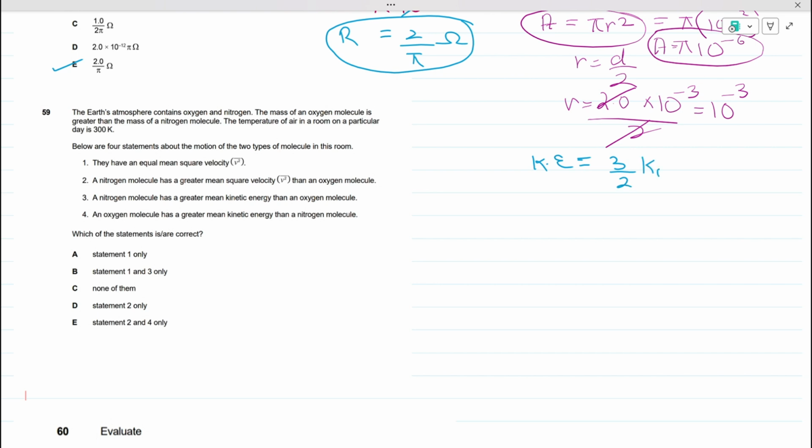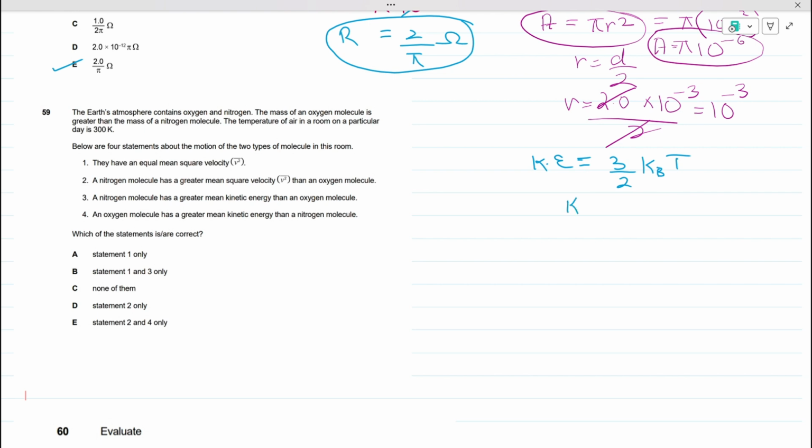Which is 3 by 2 kBT. Okay, so this is the formula that we have for kinetic energy, when it depends on the temperature, right?